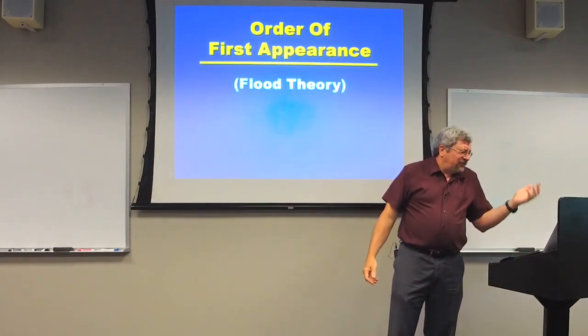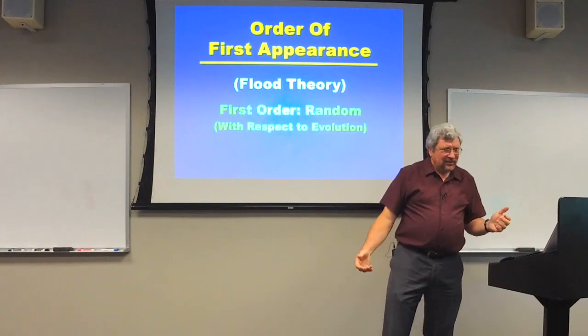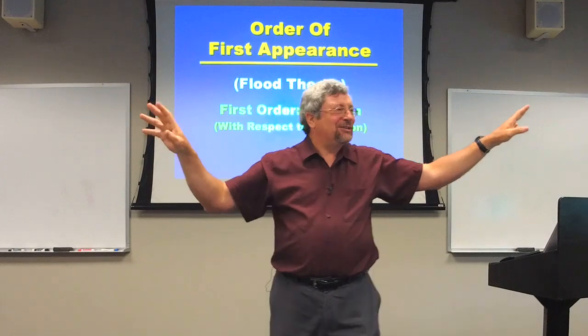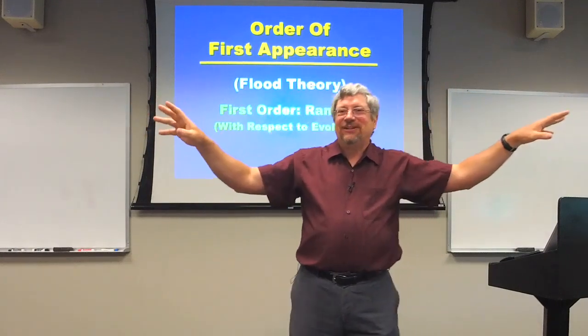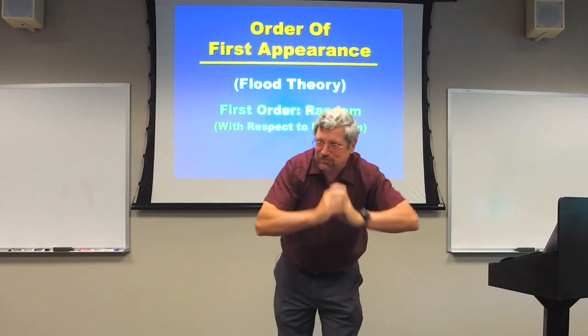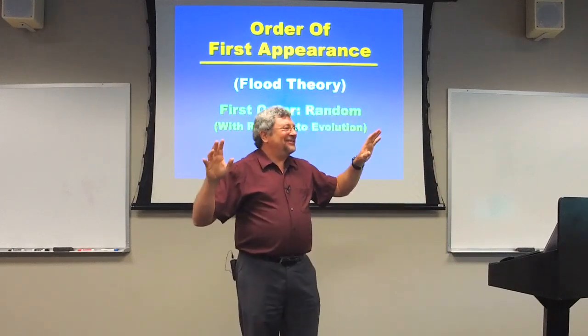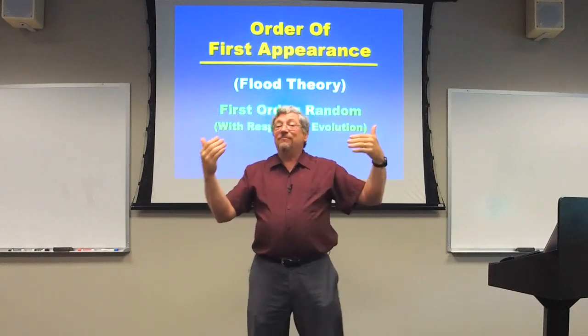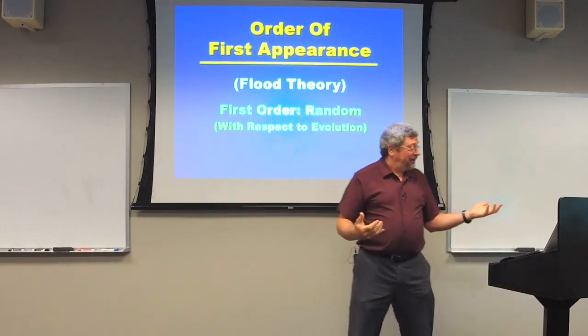What would you expect in flood theory? Probably, at least if we just do an intuitive, let's not think about this very deeply, we just pick up the organisms of the earth and just boom, just dump them into the earth. You might expect random, at least with respect to evolutionary theory.